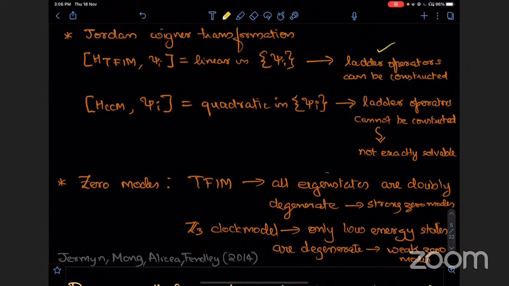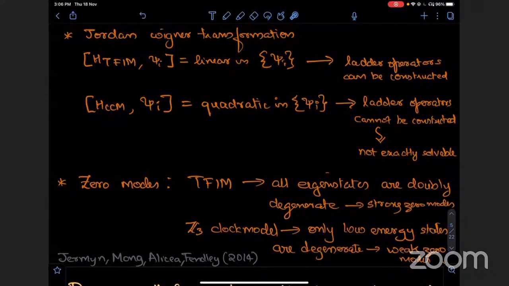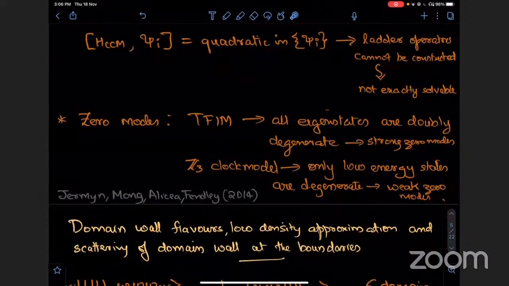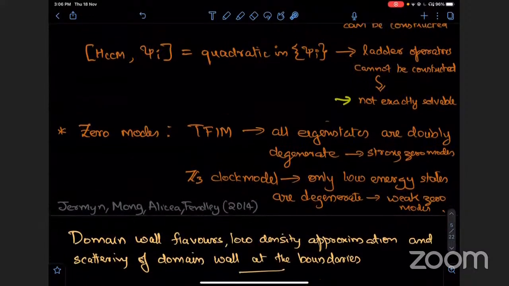And this allows us to construct the ladder operators, and that allows us to construct the eigenstates of the model. The chiral clock model can also be Jordan-Wigner transformed. The parafermionic transformed variables, however, have a quadratic commutation relation with the Hamiltonian. As a result, it's not possible to construct the ladder operators, at least not in the same way. And therefore, this is not exactly solvable.